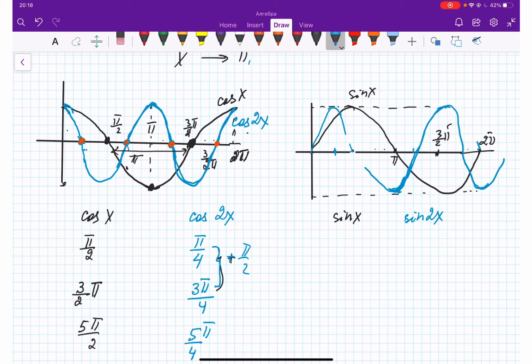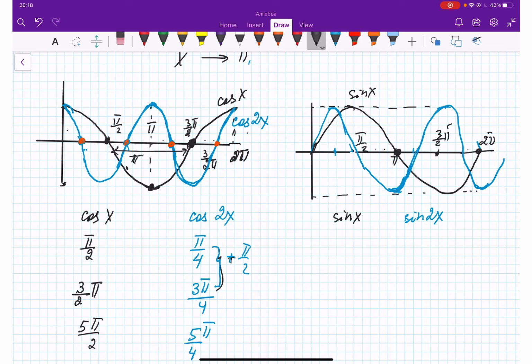Let me fix this one also, and we move on. Okay, well, not bad. All right, so our critical points, start from x. Our critical point is going to be pi, right? And 2 pi. So, which means this is our half a pi.